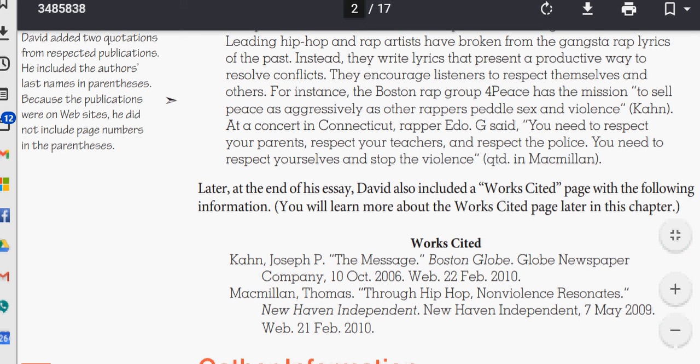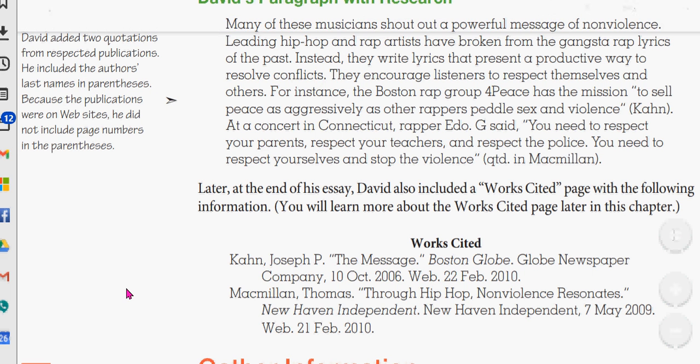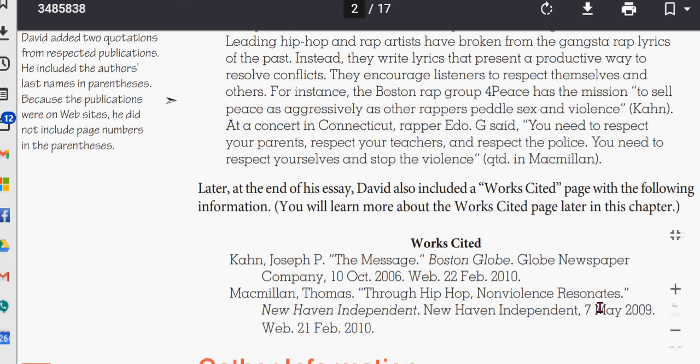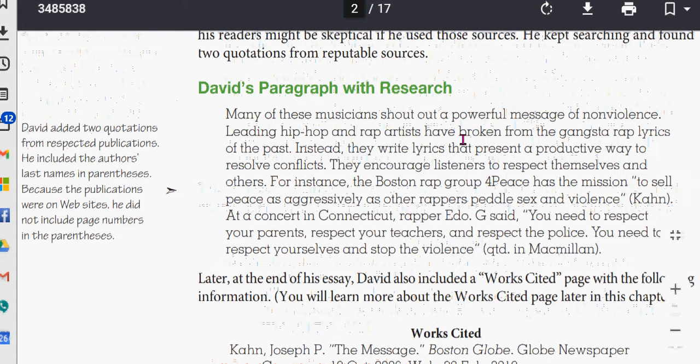A guy named Macmillan wrote an article, and in Macmillan's article he quoted another source. So this is the correct way to show that it was quoted in another writer. He's one step away from the actual source, but still this is useful and helpful to support his main claim.